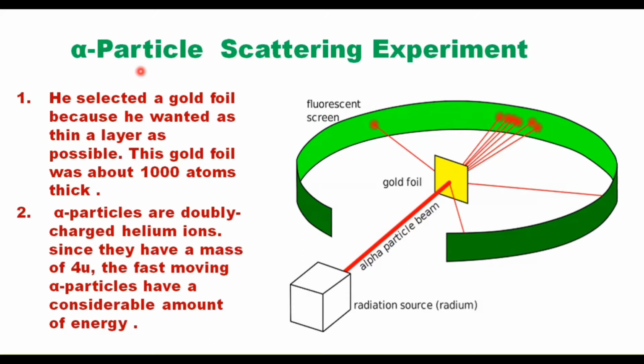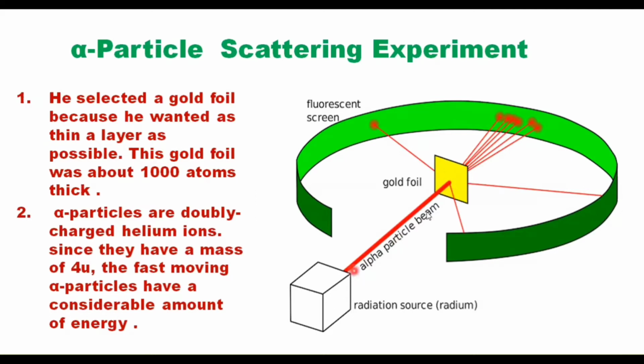So this is the experiment conducted by Rutherford, and this experiment is known as alpha particle scattering experiment, or sometimes we also call gold foil experiment. So he conducted this experiment by bombarding a thin sheet of gold foil, as you can see here in the diagram, with alpha particles.